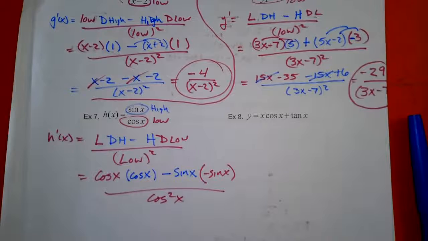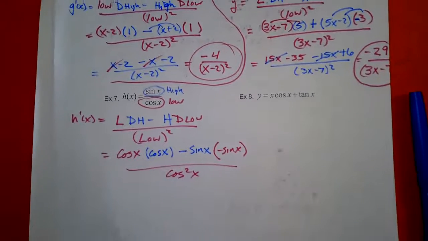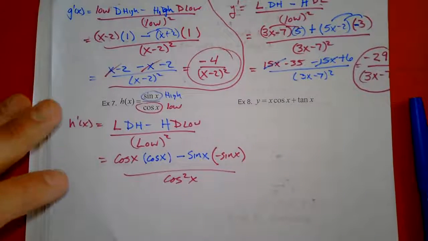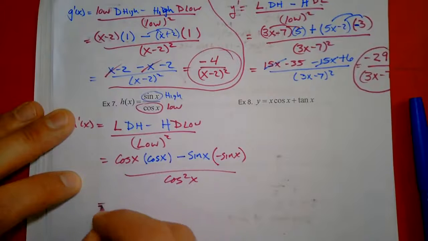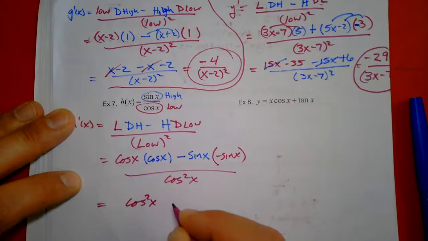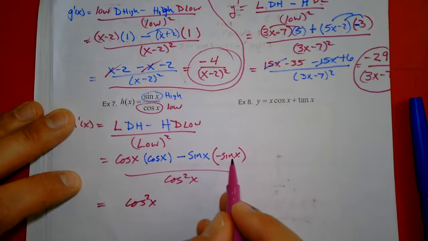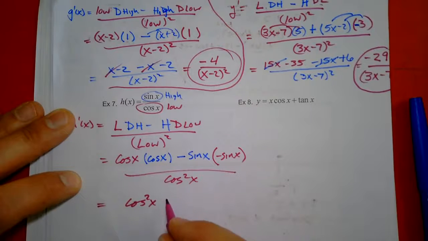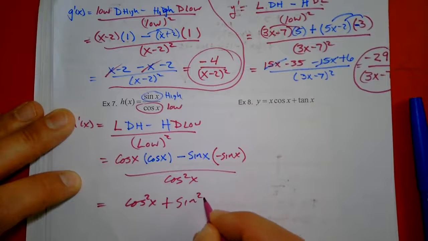Okay, so we simplify the top. Any questions on the setup? Cosine times cosine we know is cosine squared. Negative sine of x times negative sine of x: negative times the negative is a positive, sine times sine, sine squared.